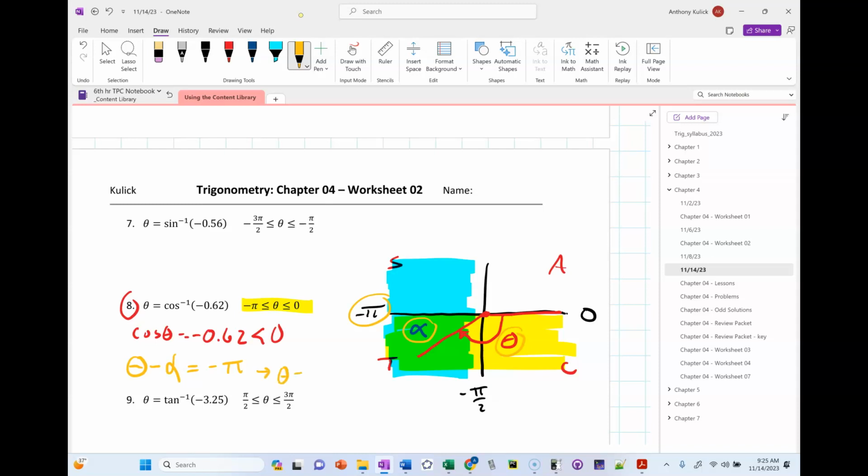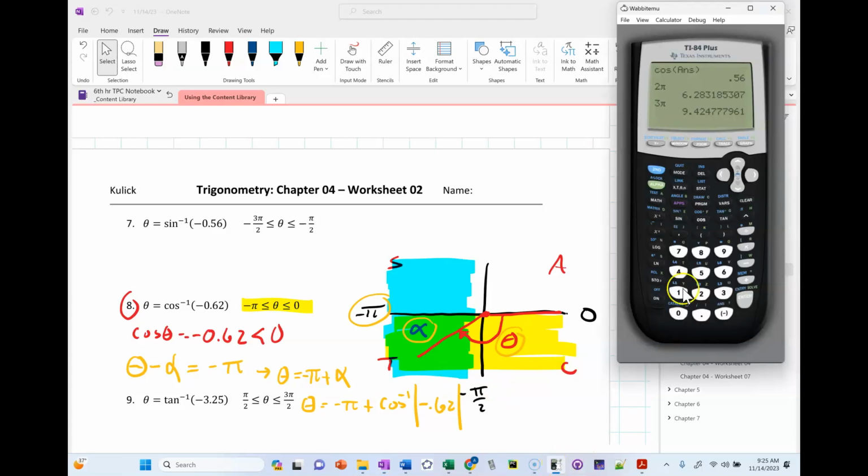Or I can say that if I add alpha to both sides, theta is negative pi plus alpha, and our alpha in this case is going to be cosine inverse of the absolute value, 0.62. And then it should be calculator time for me.